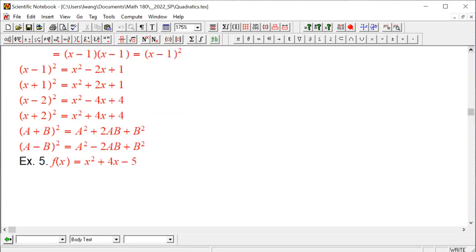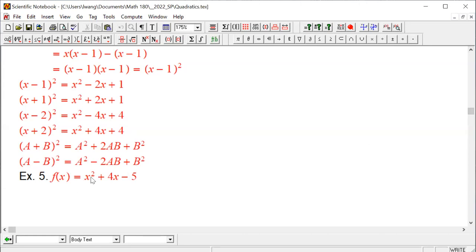When you see this, you'll be thinking, that looks familiar. Look, we have x squared plus 4x. The question is, how do you select these numbers?